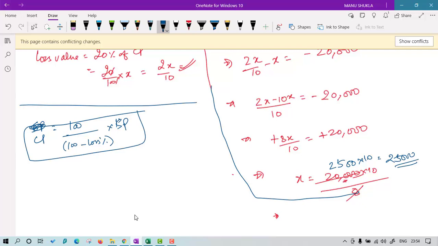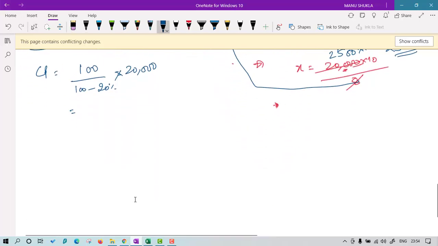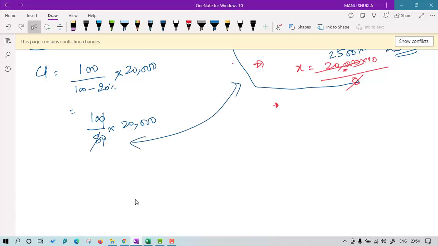Let's see how. CP is equal to 100 upon 100 minus loss percentage, that is 20% loss was there, into SP, and SP is 20,000. It becomes 100 upon 100 minus 20, that is 80, into 20,000. Solve it and you can see both are the same. So by the formula also it is very easy.